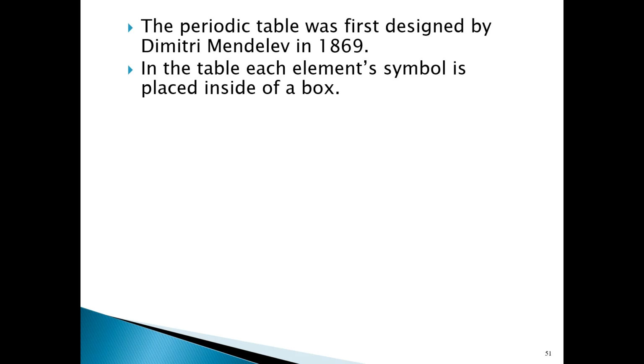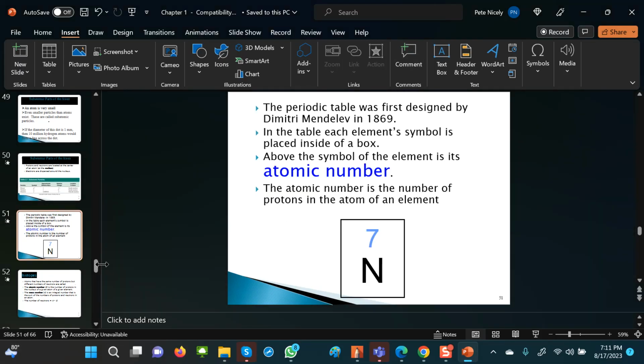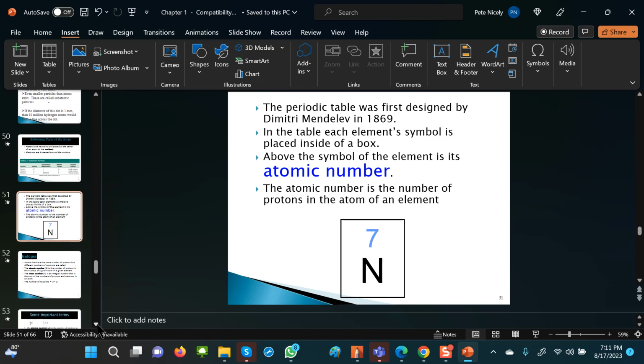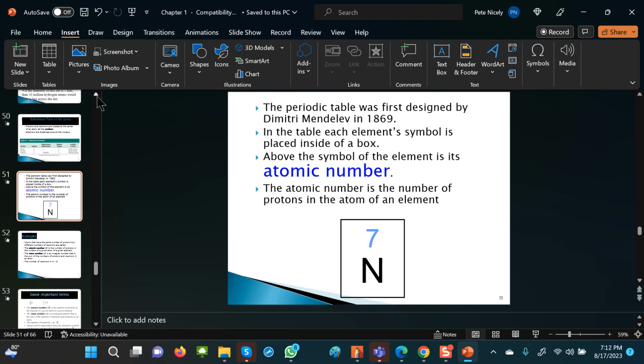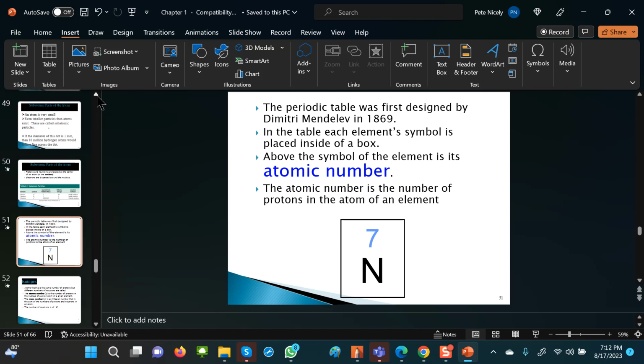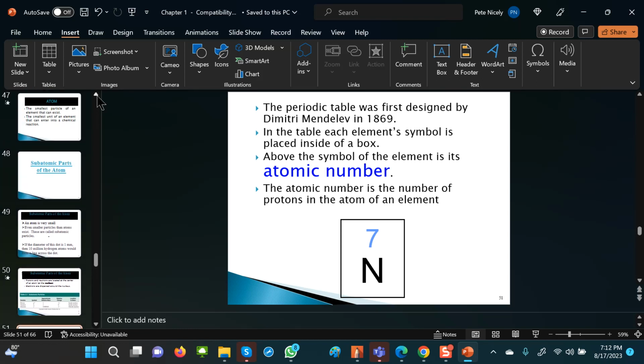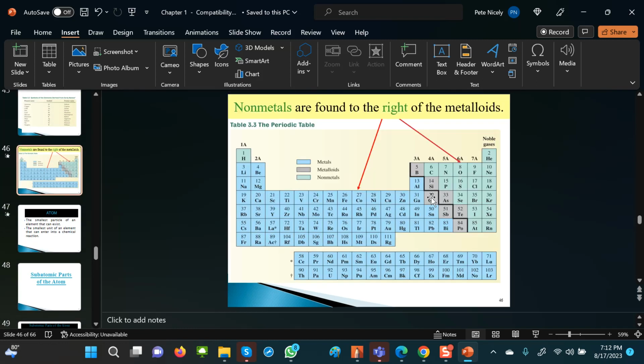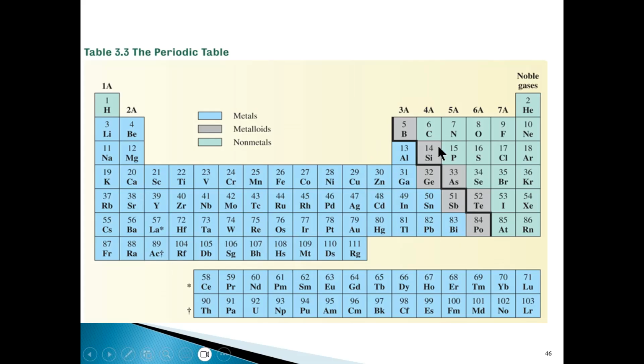In fact, let me see something here, because I think I introduced the periodic table to you. Let me just go back up a few slides here to show you this. If you remember, we talked about the arrangement of the elements in the periodic table, right?